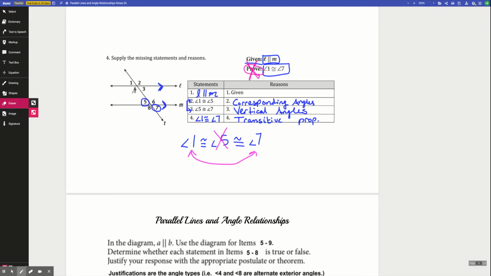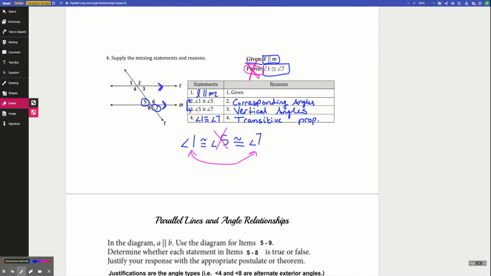Like if I had written something about angle 2 and angle 4, that's really not going to help much because they're not connected to the proof statement at all. So you want to introduce statements or write steps that bring in your key elements. Like I knew I needed a statement with angle 1 and a statement with angle 7 in it so that I could eventually combine them at the end.